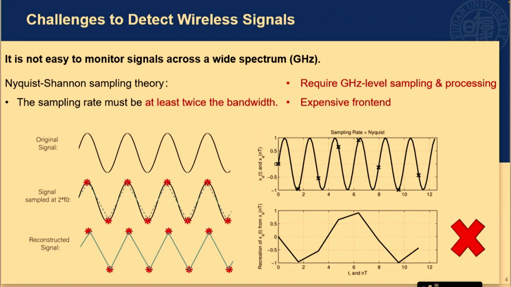Traditionally, the Nyquist-Shannon theorem states that to capture a signal accurately, we must sample at least twice its bandwidth. Since we are targeting the wide 5 to 6 GHz shared spectrum, according to the Nyquist theory, this requires very high sampling rates at gigahertz level.